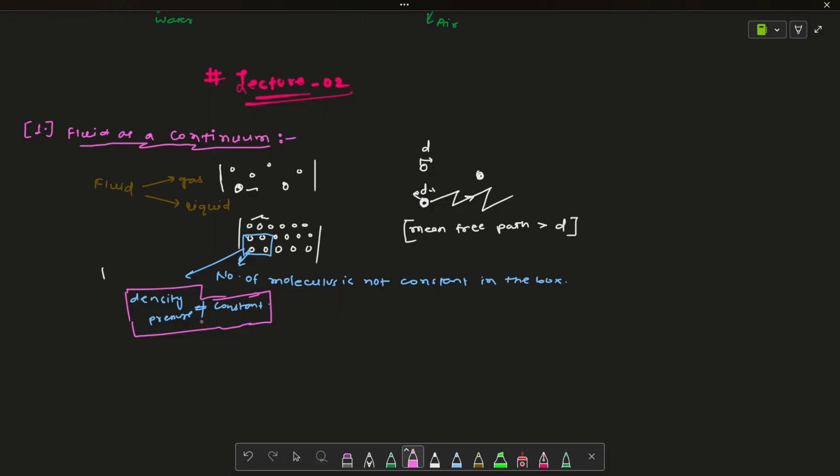So how are we going to define the density, pressure and everything in the fluid region? The catch is here: we will define a volume such that it is not much larger and not much smaller.